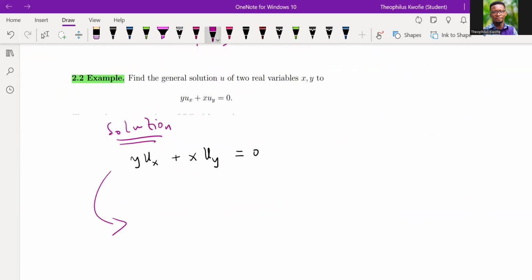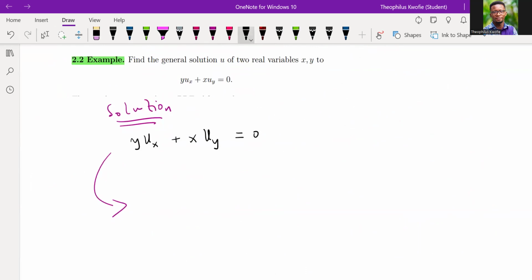By changing it, my y will correspond to x2. So I'm going to have x2 times the partial of u with respect to x.